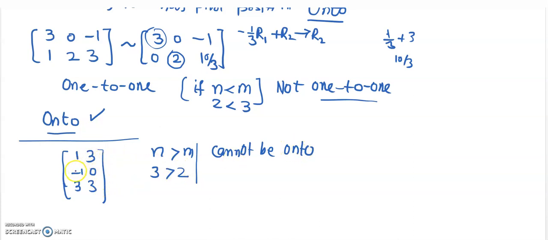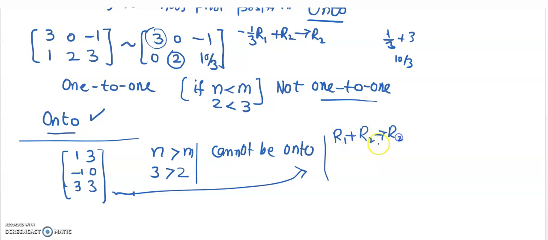But how about one-to-one transformation? For this we need to convert this into the echelon form. So if we have this 1, 3, what we can do is take the row operations like row 1 plus row 2, that will be row 2.